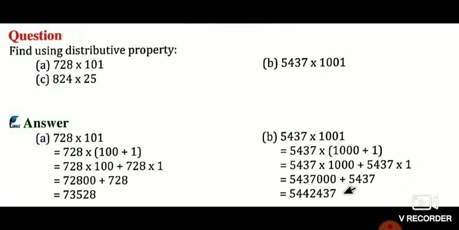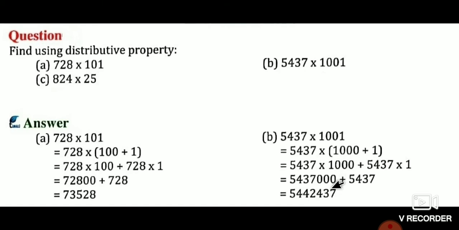Therefore write 5,437. Then you have to add 54,37,000 plus 5,437.